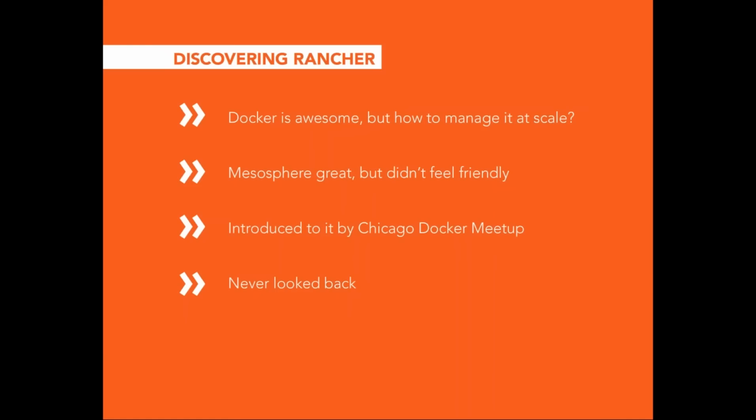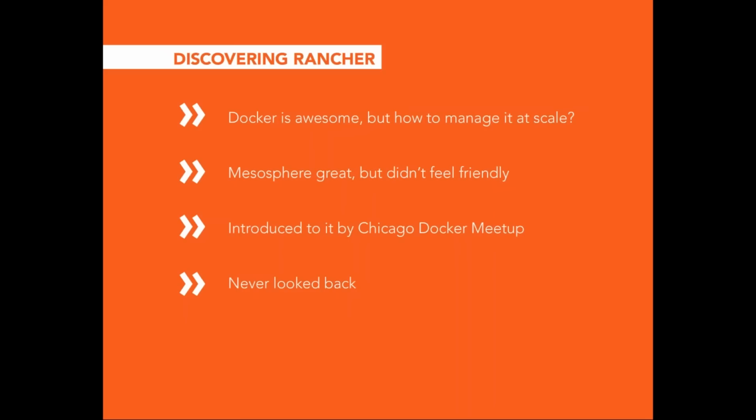So I started looking at different orchestration systems, control planes and things like that. Mesosphere was something I was reading about. Looked great, but I couldn't really get an idea of if it was going to provide the features I wanted. And I was just getting a beer with some friends at a bar below our building, and I heard two people talking about containers. One guy was saying he loved containers, the other one saying he didn't.